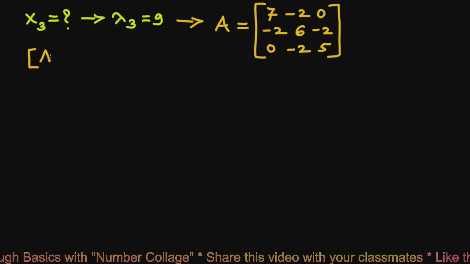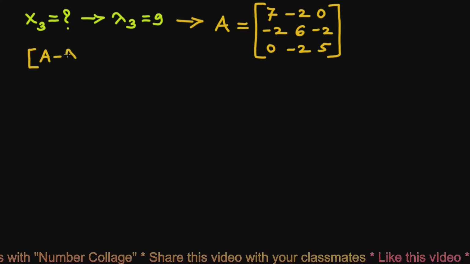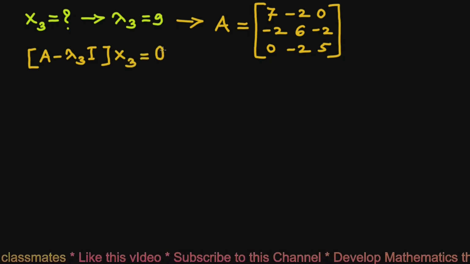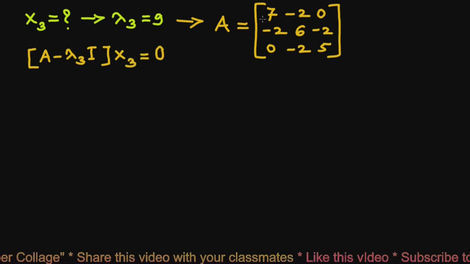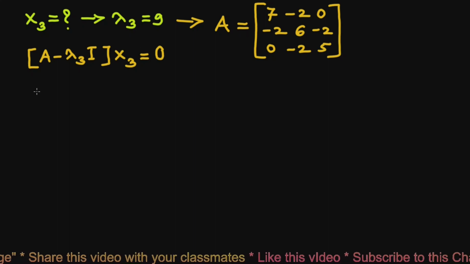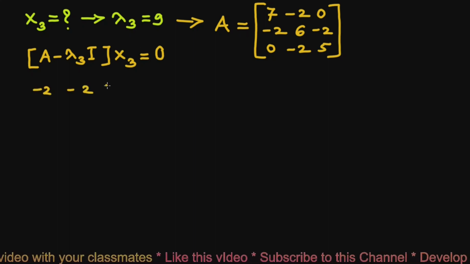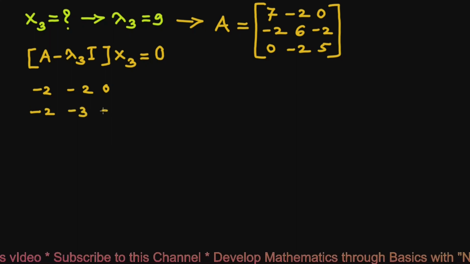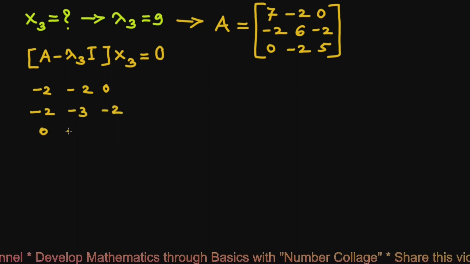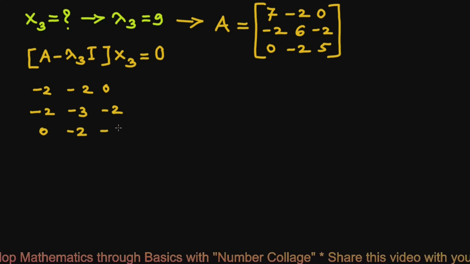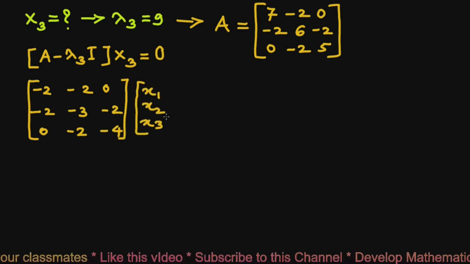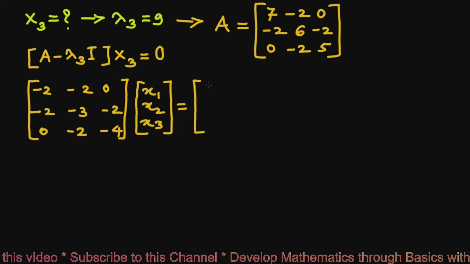We write matrix A minus lambda 3 I into eigenvector x3 equals 0 column matrix O. That will be [7-9 -2 0; -2 6-9 -2; 0 -2 5-9] multiplied by [x1 x2 x3].